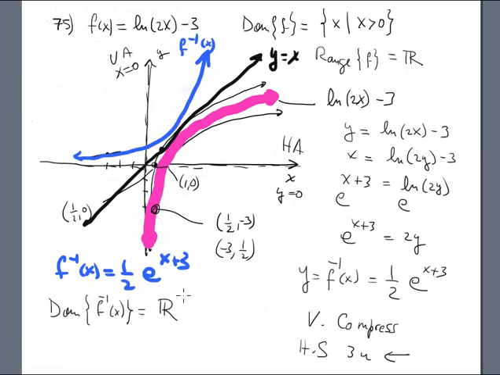It's all real numbers. It's logical because it's an exponential function, and the range of the inverse function is y such that y is bigger than 0. And that's it. This is 75.